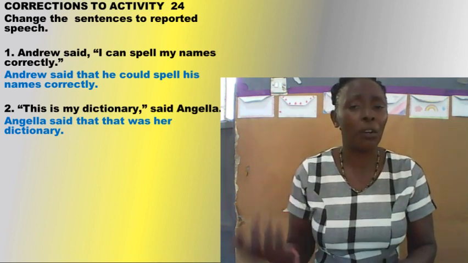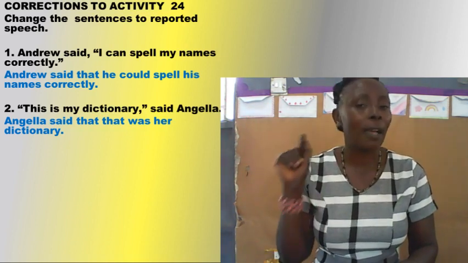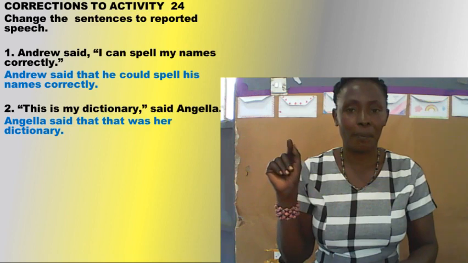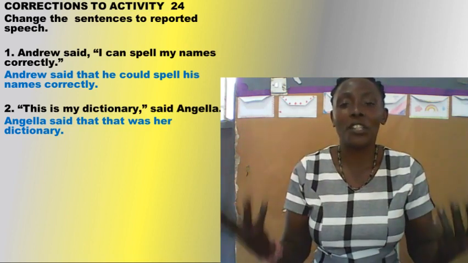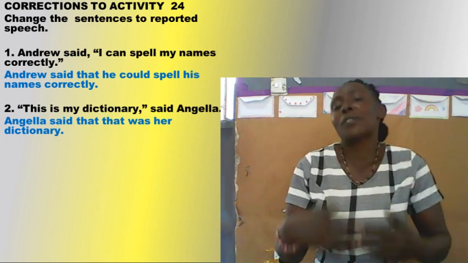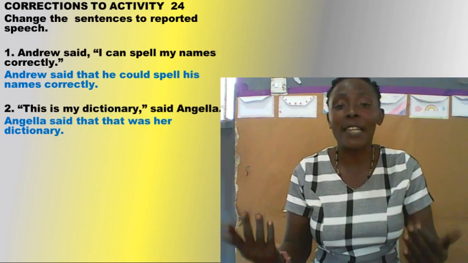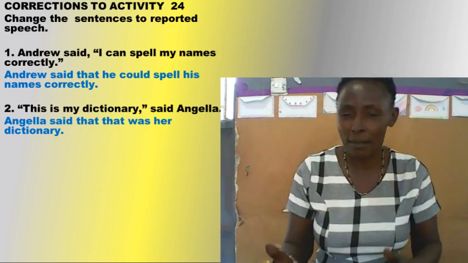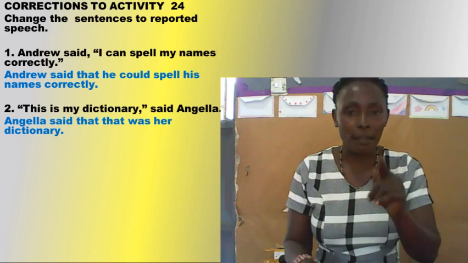Or we can have another answer that says, Angela said that dictionary was hers. In this sentence, you may say that this dictionary belongs to Angela. If it's a fact, we have to say Angela said that this is her dictionary.